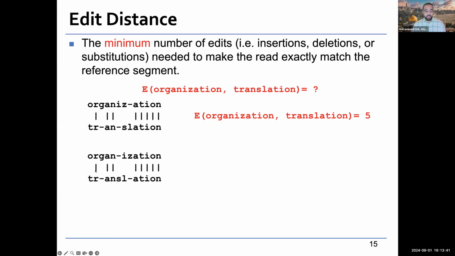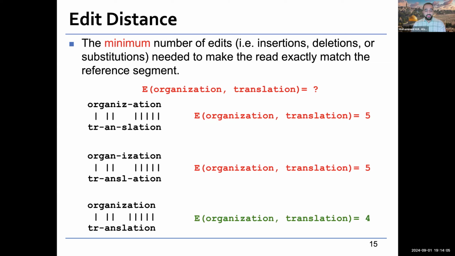So we have 1, 2, 3, 4, and 5. So still 5 operations. So the edit distance is 5 because we need to apply 5 different edit operations to one of the 2 words to make it exactly the same as the other sequence.